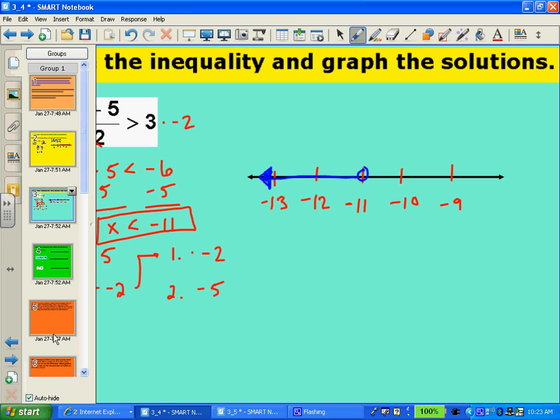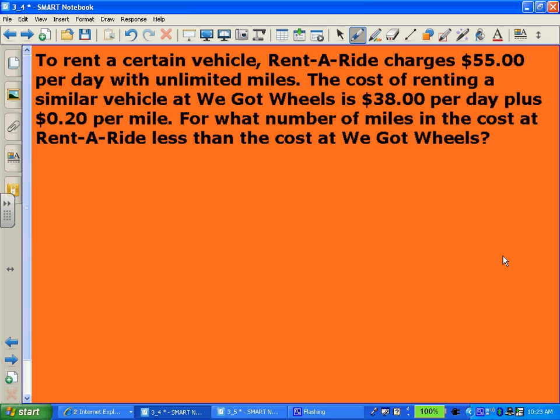Now, of course, we have story problems. And again, just like before, we have to write an equation to represent the story problem and then solve. So to rent a certain vehicle, Rent-A-Ride charges $55 per day. And you can go as many miles as you want.